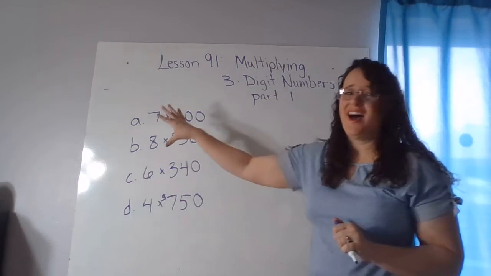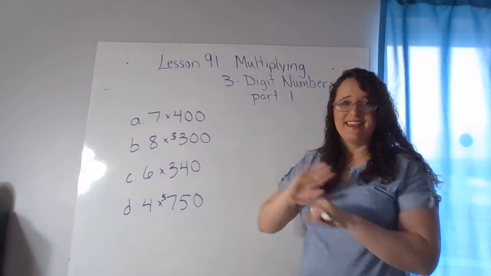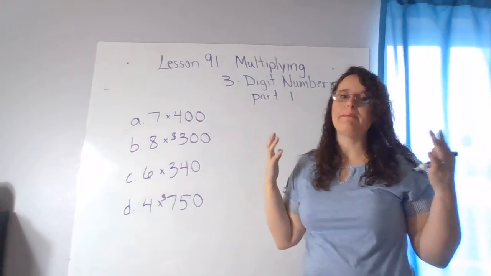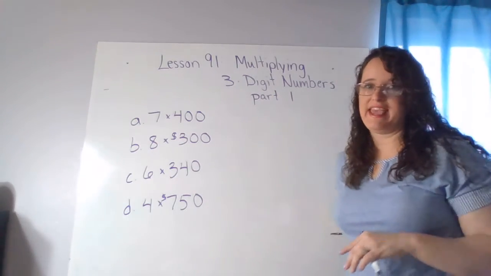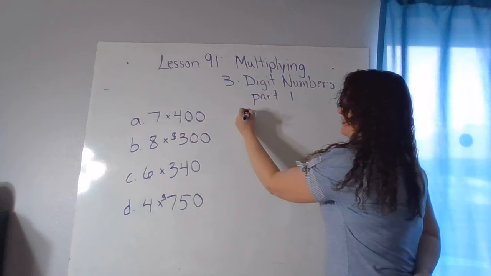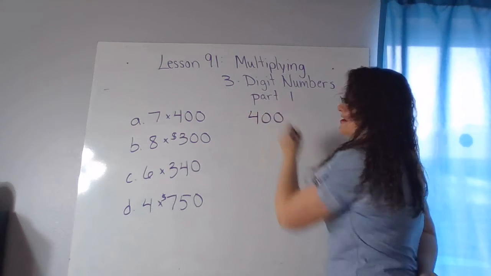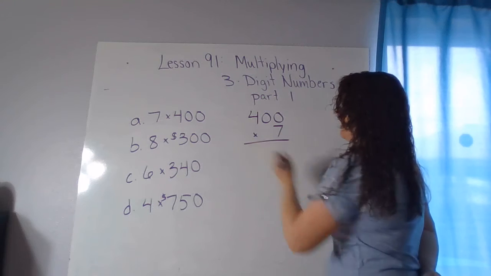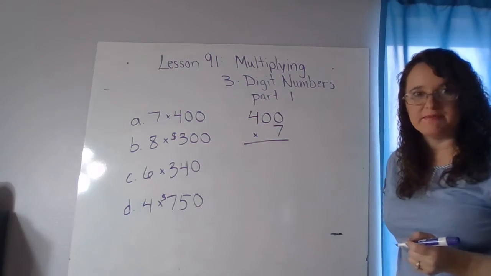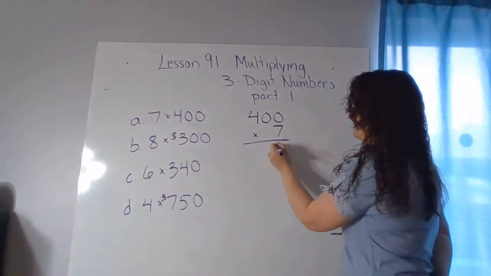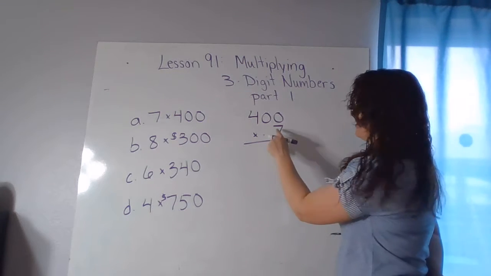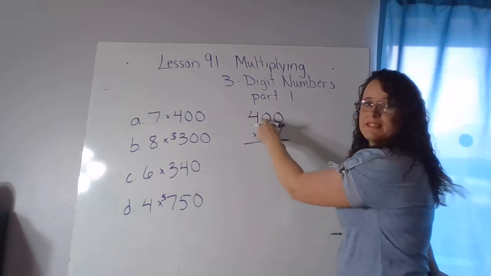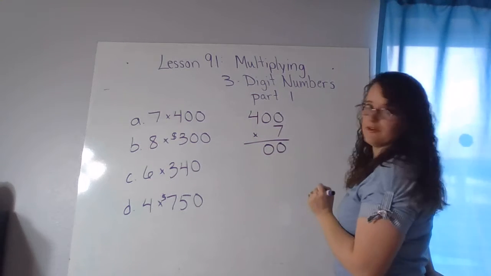All right, so I don't want to multiply like that. Never, ever, ever do I want to multiply horizontally unless it's a basic fact that I can do in my head. So I'm going to rewrite it with the big number on top and the little number on the bottom there. 400 times 7. 0 times 7 gives me 0. 0 times 7 again gives me 0.